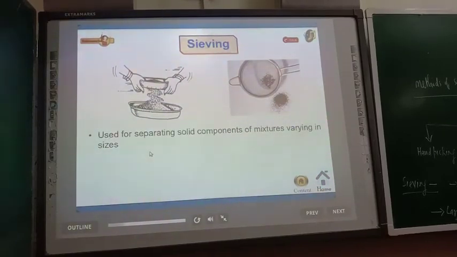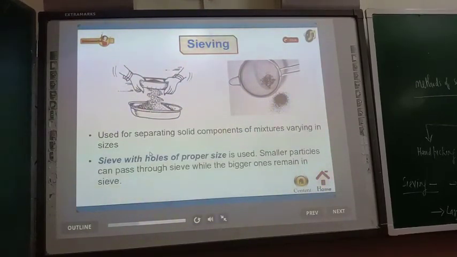So let us see the sieving method. For sieving, a sieve with holes of proper size is used. Smaller particles can pass through the sieve, while the bigger ones remain in the sieve. Chaff from the wheat flour is separated by the sieving method.